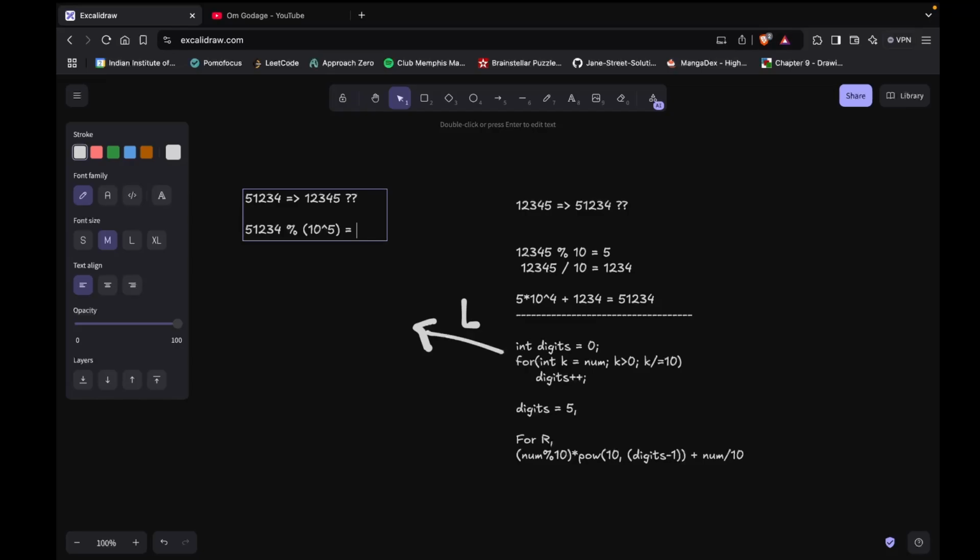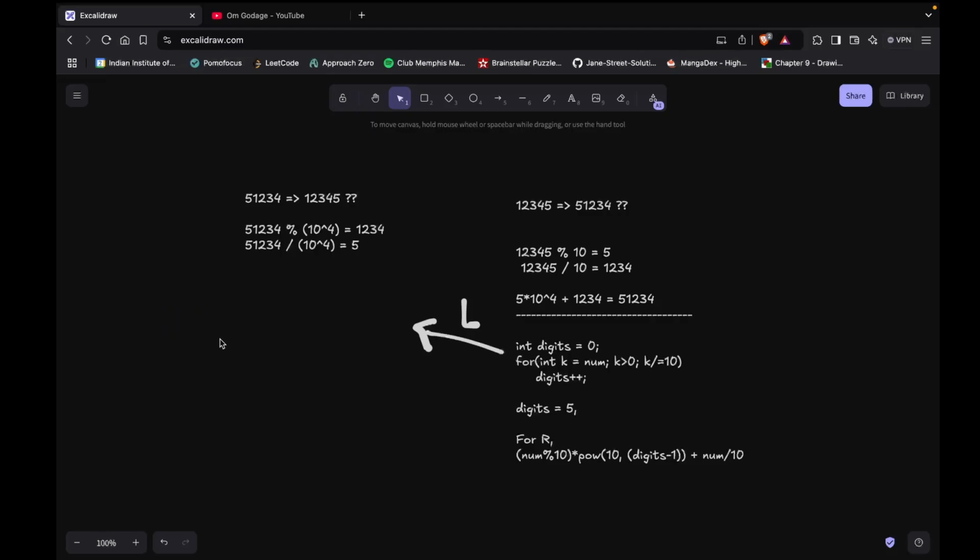This will give you 1 2 3 4, and 5 1 2 3 4 divide by 10 raised to 5 will give you 5. Okay, my bad, 10 raised to 4. Convince yourself that this works.